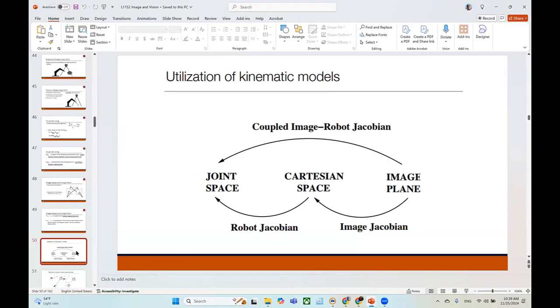Your coupled image robot Jacobian needs to include your image plane, your Cartesian plane, and your joint spaces. These three things you actually use two Jacobians to do the conversion, from your image to the transformed image in your model, which is called Cartesian space. Those XYZ Cartesian space values need to be converted back to your control variable.